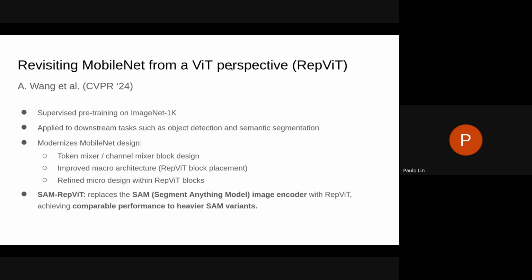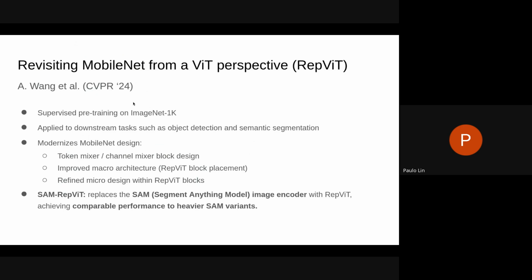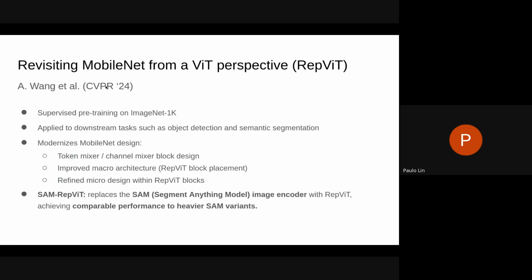This is about modernizing a MobileNet from a vision transformer perspective. In this case, they still use supervised pre-training on ImageNet, but they change the design of the MobileNet to mimic the architecture of a vision transformer.